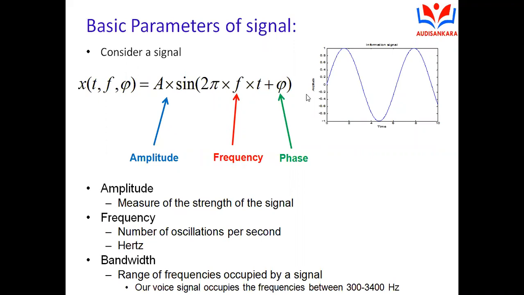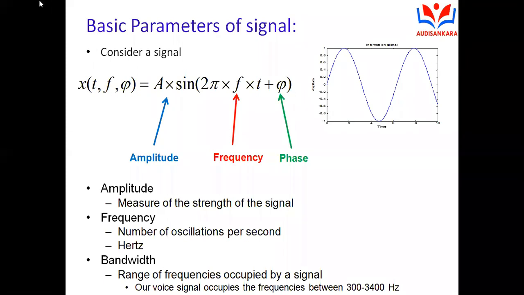Then what are the basic parameters we have in a sinusoidal signal? To identify them, we need to consider a time-varying signal, which is basically represented as x of t.